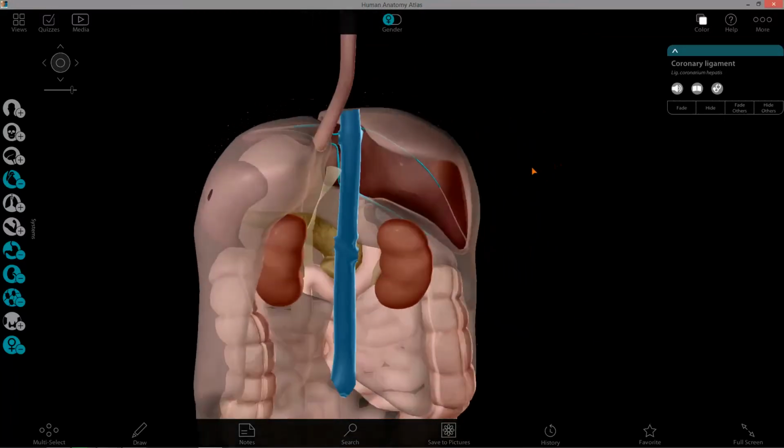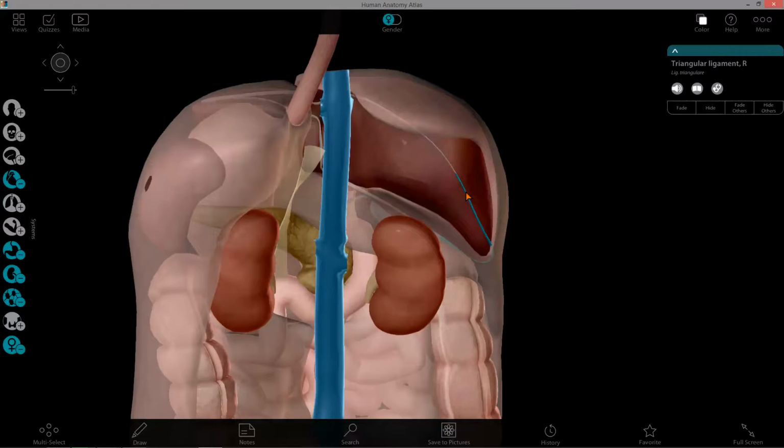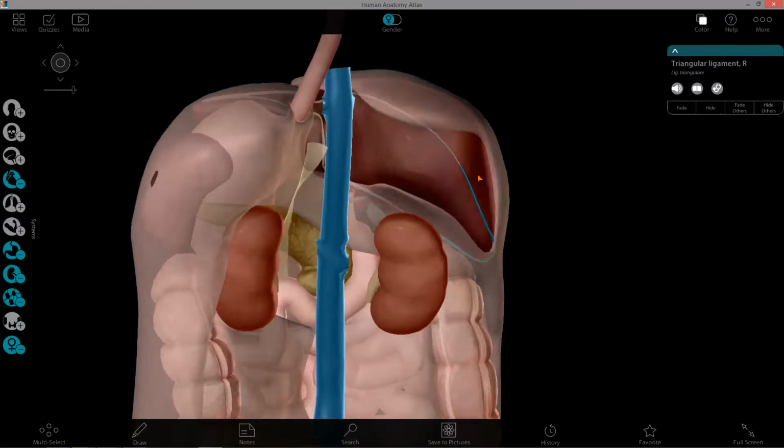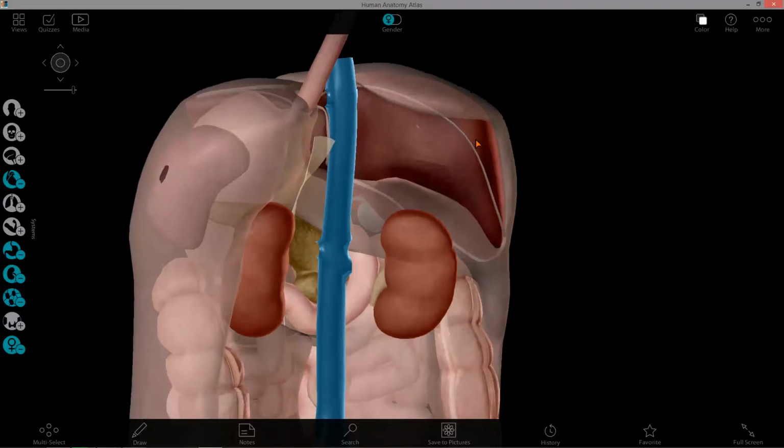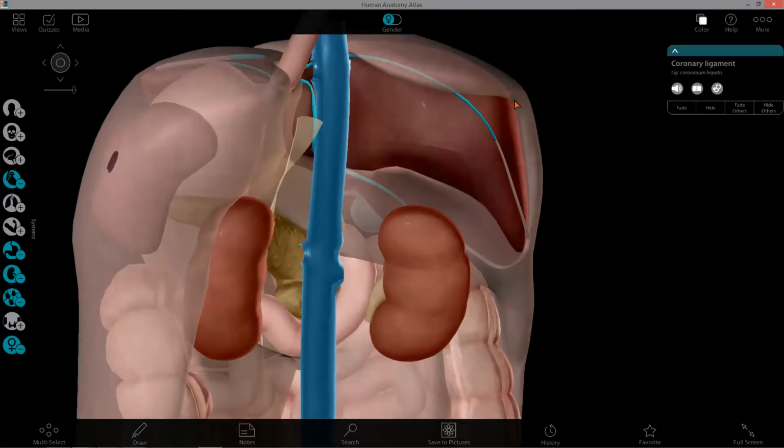And the margins of this ligament, which is continuous with the ligament known as the triangular ligament, help show where the parietal peritoneum reflects back on itself to become the visceral peritoneum. Now that's not super well shown here because these ligaments should follow the peritoneum perfectly, as they are in part formed by the peritoneum.